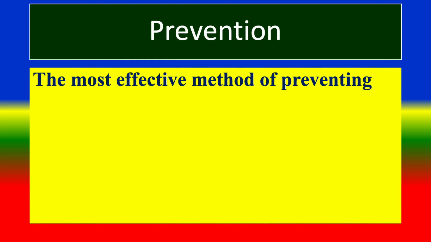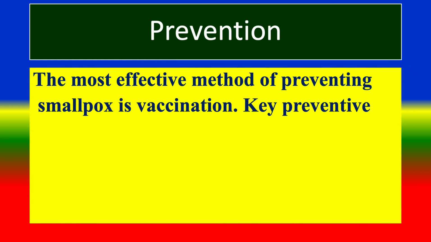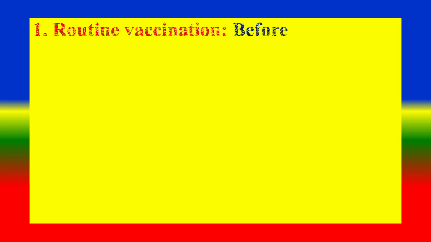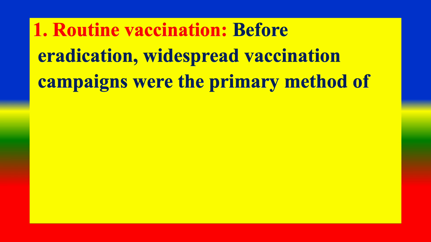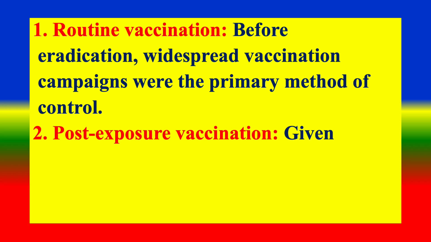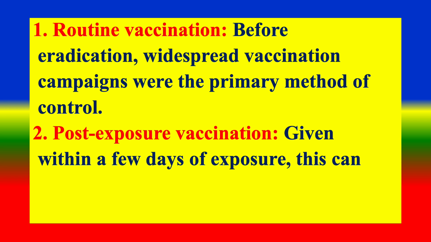Prevention. The most effective method of preventing smallpox is vaccination. Key preventive measures include: 1. Routine vaccination before eradication. Widespread vaccination campaigns were the primary method of control. 2. Post-exposure vaccination, given within a few days of exposure.